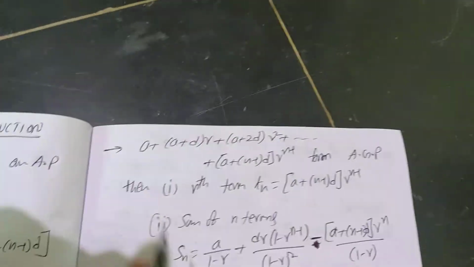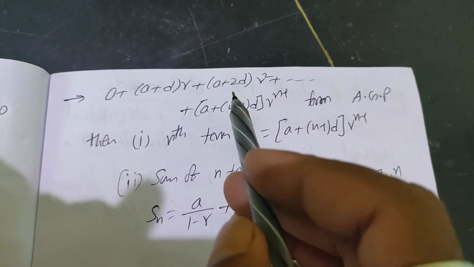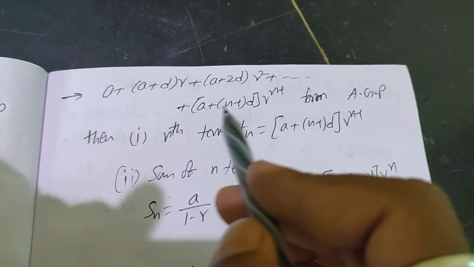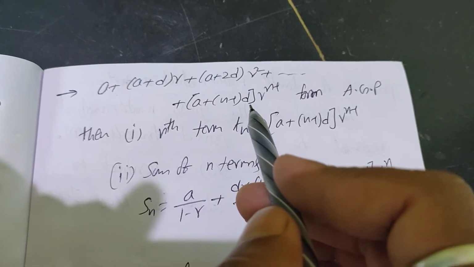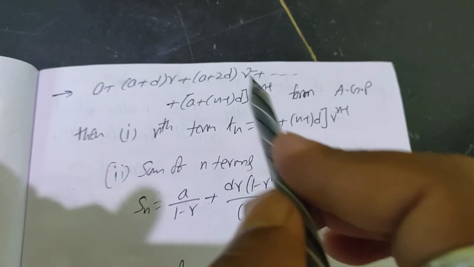Next one. a plus d into r plus a plus 2d into r square plus and so on plus a plus n minus 1 into d into r power n minus 1. Till now we didn't discuss this series.